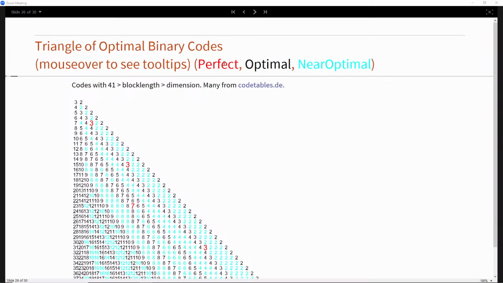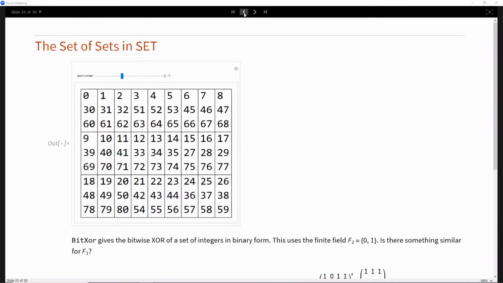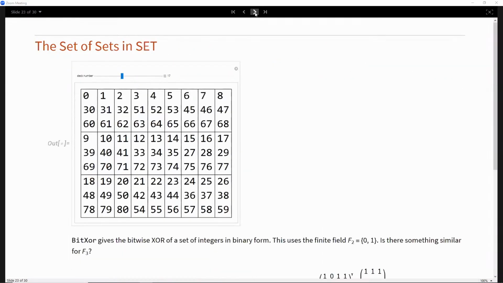The perfect codes are in red, and the near optimal ones are in cyan. So here's a BCH code. I believe those are, there's a few slides back, the one with the Venn diagram, the Hamming codes. Those are Hamming codes.